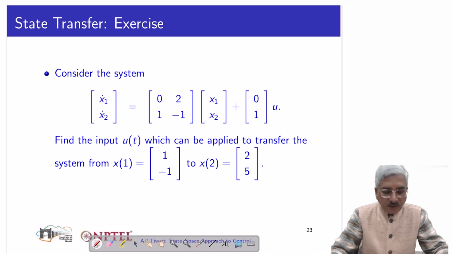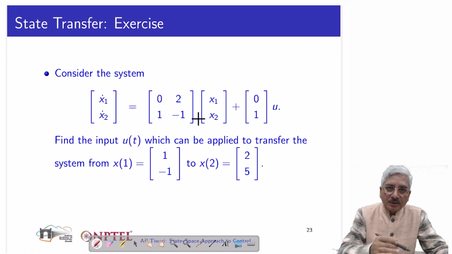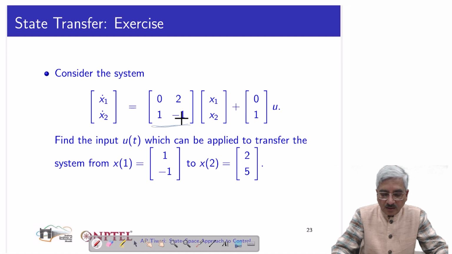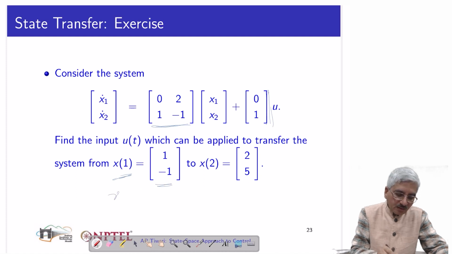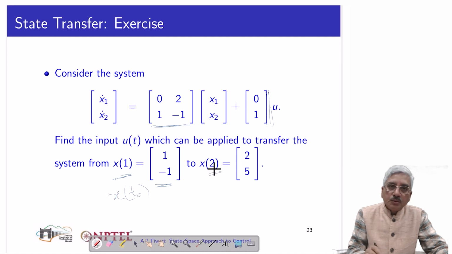There is one exercise for the students. You can take this system. The example which was solved is a diagonal system. It is not diagonal this time. The input matrix is this, and it is given that at t equal to 1, the state is 1, -1. So it is the x(t0), and it has to be taken to x(2). This is x(tf). So tf is 2 and t0 is 1.